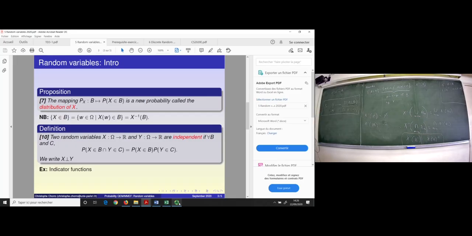So, if I want to prove the proposition 7, I have to prove that Px defined this way is a probability. What is the definition of being a probability? 0 to 1.